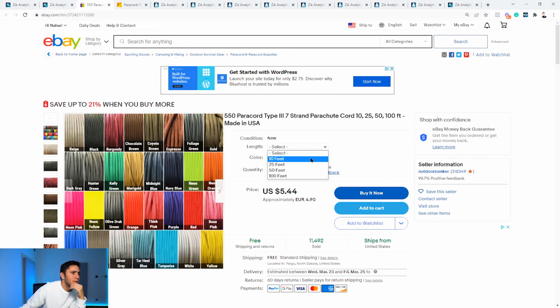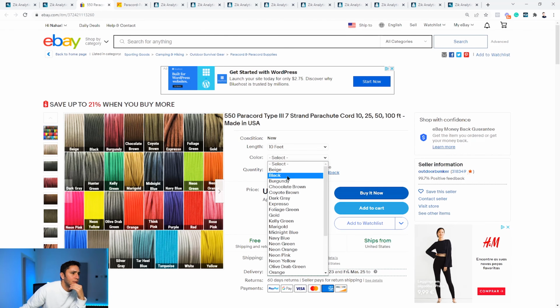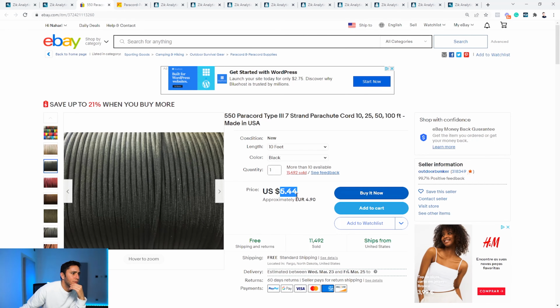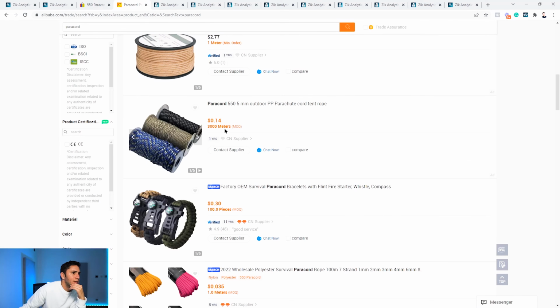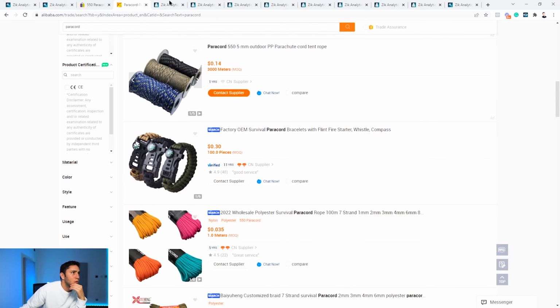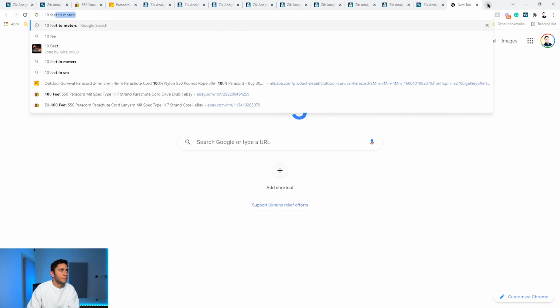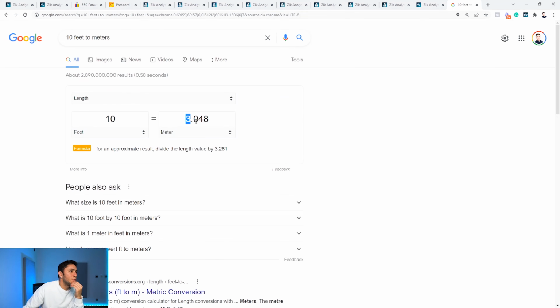I know the 10 feet in black color cost $5.44. Here they display everything in meters, so we will need to calculate how much 10 feet is in meters. So it will be 3 meters and 0.48.